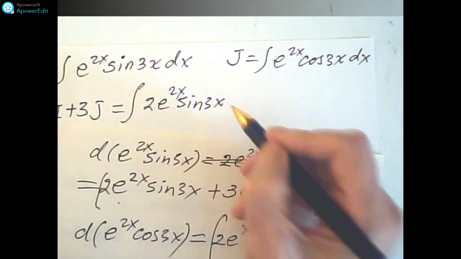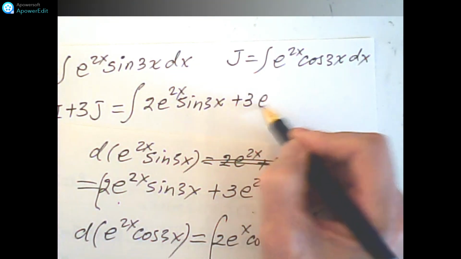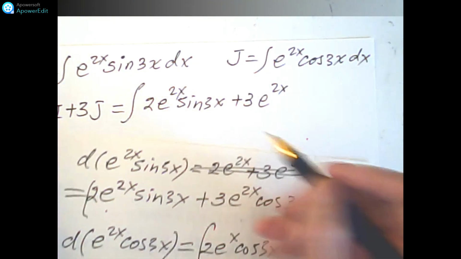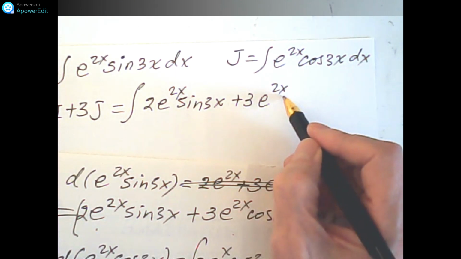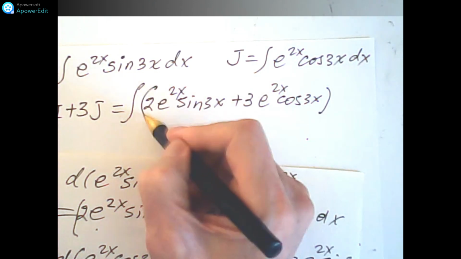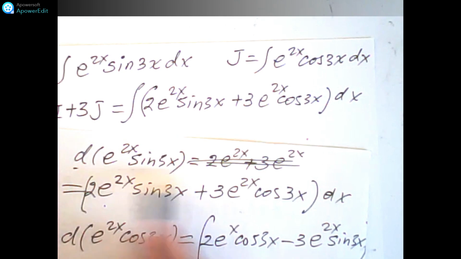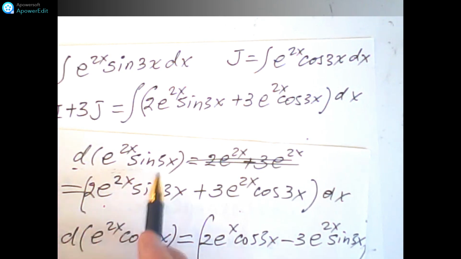So that is this one, plus 3J, 3 e to the 2x cosine 3x dx, right? That is the derivative of the product.